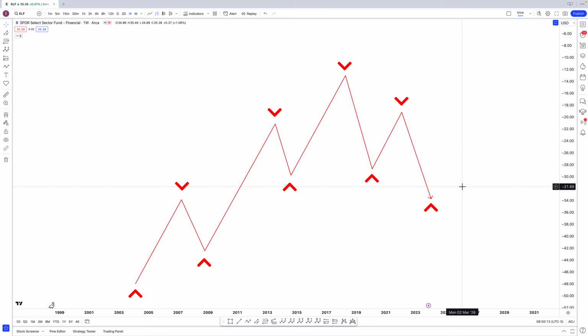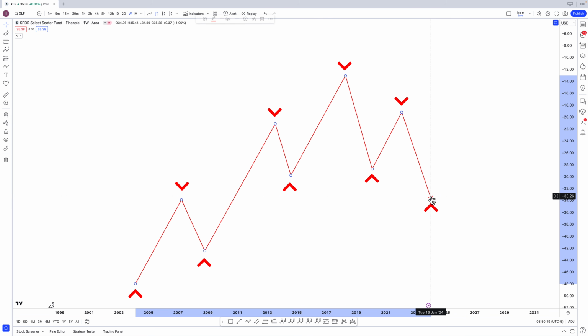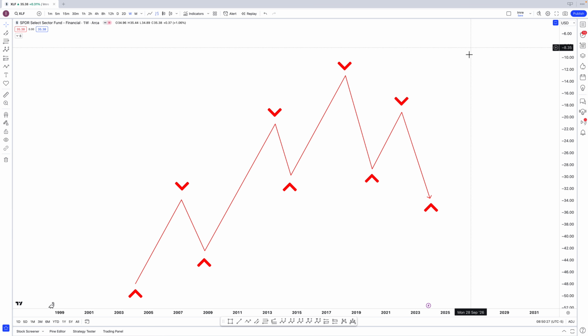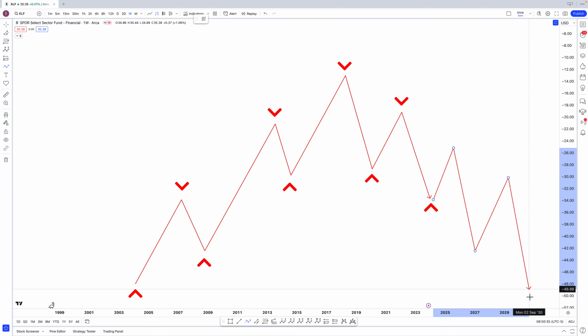Okay, so based on what I know about the past, I know that so long as we do not pull back beyond the start of this movement here, then we can feasibly expect another 5-wave movement to the upside. But at this stage right now, is it not possible that we get something like this and we break to new lows?